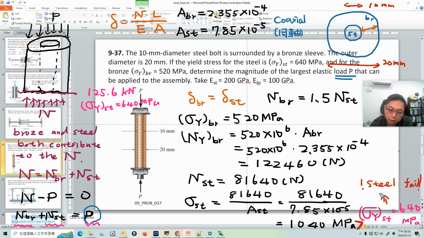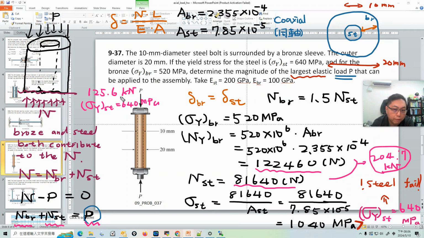So the material fails, and we don't consider this as the largest elastic load. If you add these two values together, because P is N_br plus N_st, the value will be 204.7 kilonewton.